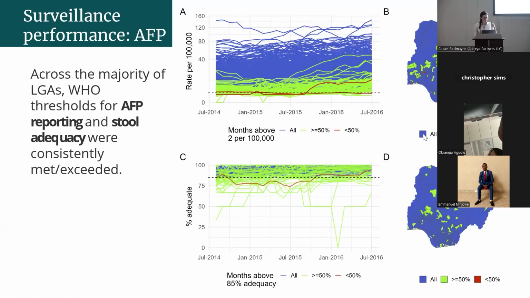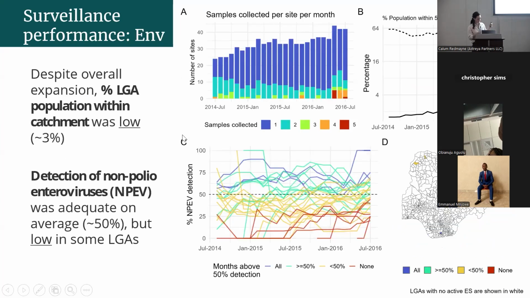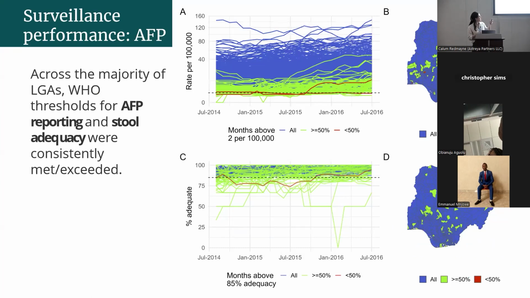So in the interest of time, I'm going to skim through the next couple of slides, but this is just to illustrate the extent of heterogeneity that we observe in these indicators of surveillance performance during this period of time for Nigeria. So between local government authorities on the right-hand side, and these are the same, but just over time on the left.